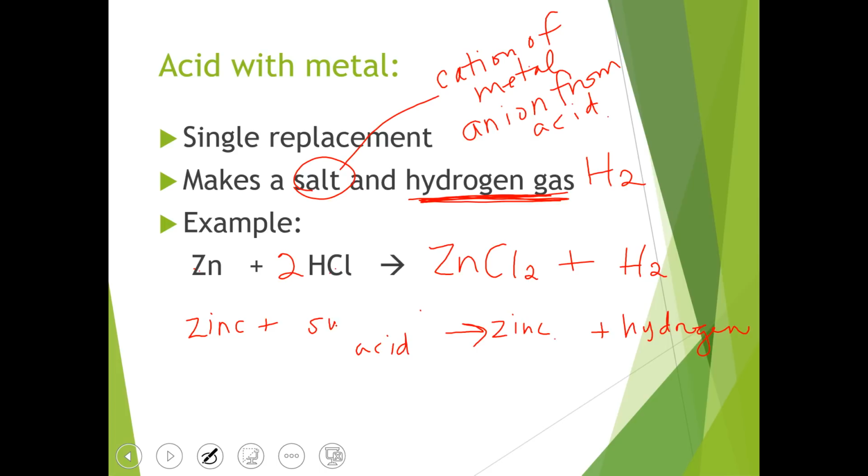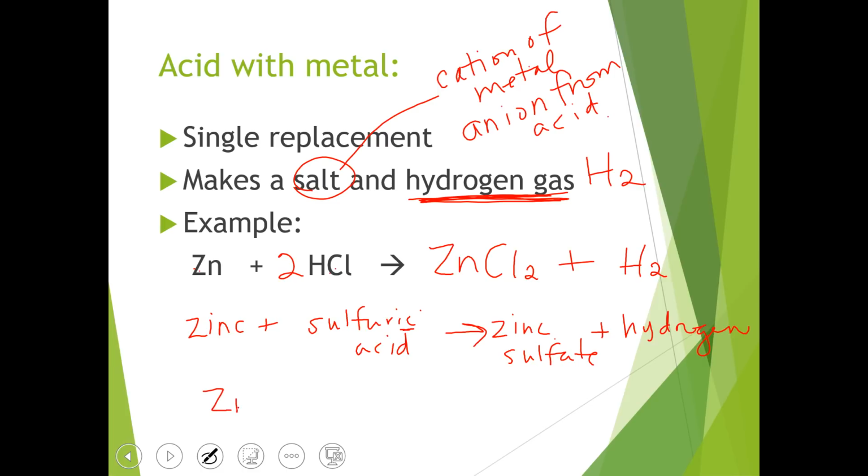Since there's no hydro in the front, but it ends with ic, we're dealing with the sulfate anion. And so the only difference would be that instead of zinc chloride, we would get zinc sulfate, but we would still get hydrogen gas.